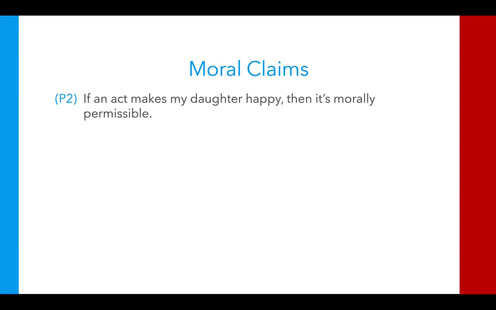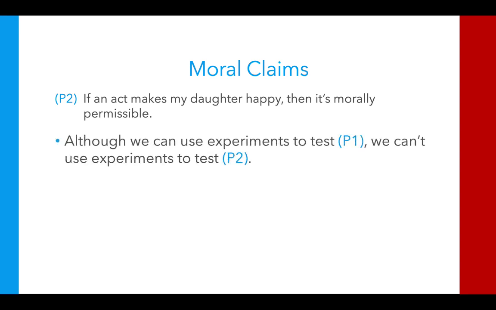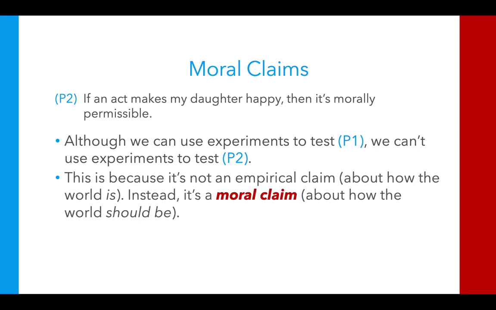Premise 2 is a moral claim. So if an act makes my daughter happy, then it's morally permissible. Although we can use experiments to test premise 1, we can't use an experiment or set of experiments to test premise 2. So I can't run any sort of empirical test to find out whether acts that make my daughter happy are all morally permissible or not.